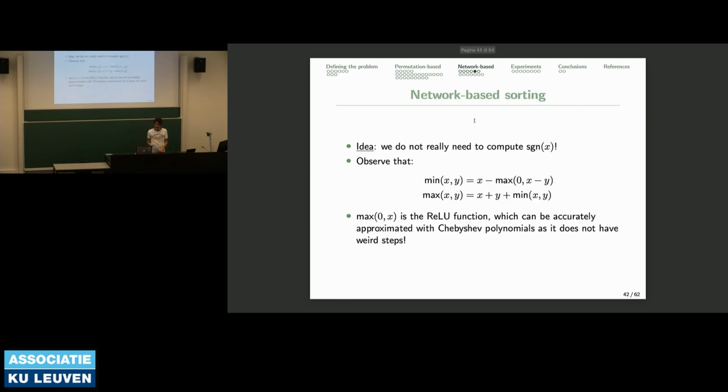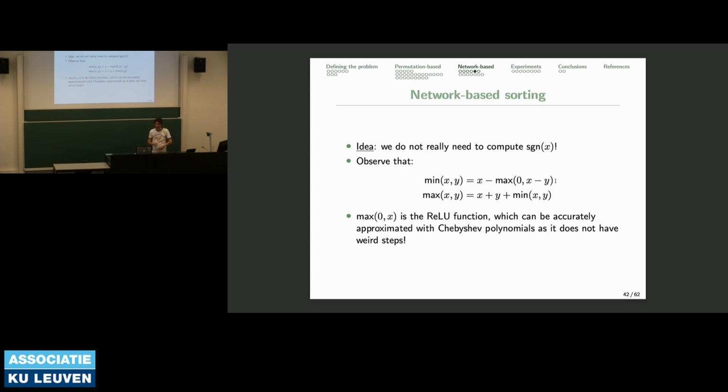So the idea is: do we really need to compute this signum function? Because one of the definitions of the minimum function is this: the minimum between x and y is equal to x minus the maximum between their difference and 0. But notice that the maximum between 0 and x minus y is precisely the ReLU function, which is well-defined.